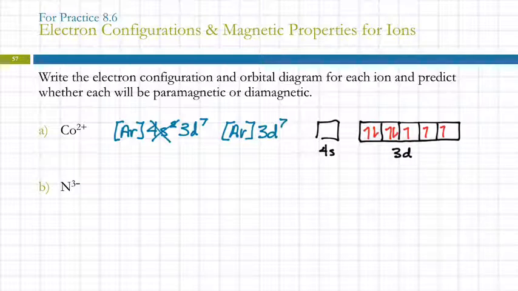It's like putting little soldiers to bed or something. Are there unpaired electrons? Yes. Diamagnetic is 2 by 2. Is this diamagnetic? No, it's paramagnetic. So cobalt 2+ is paramagnetic.